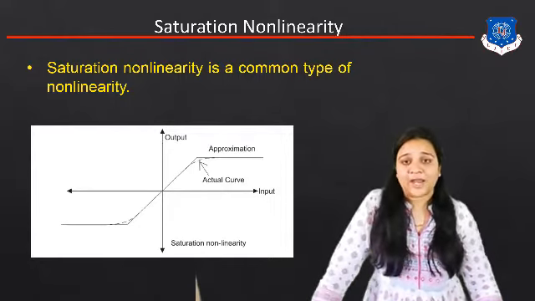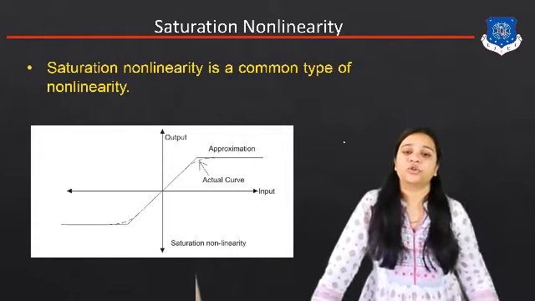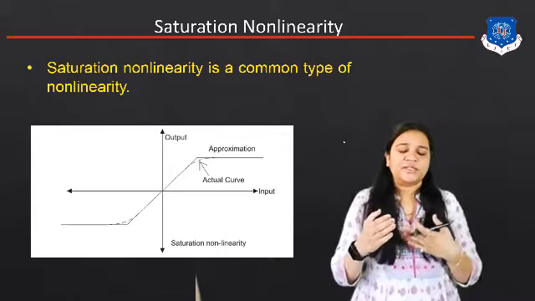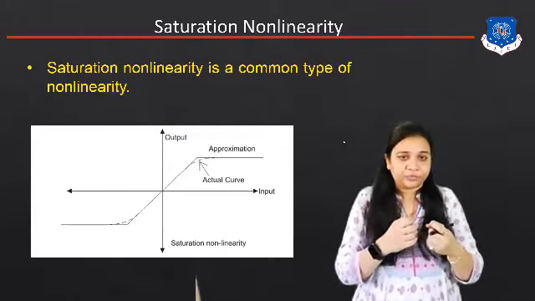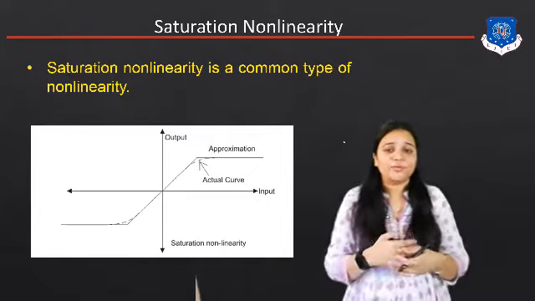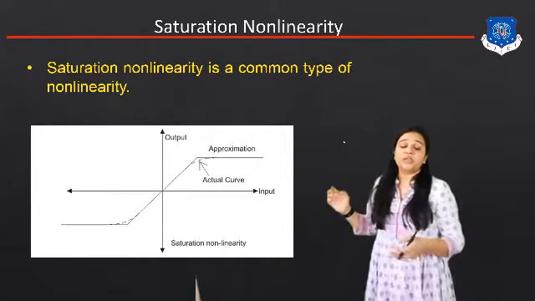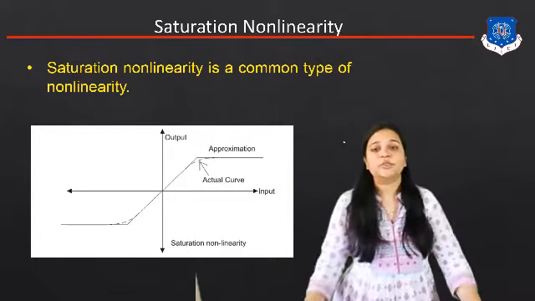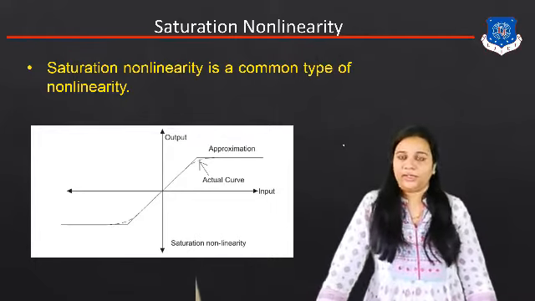This is the actual curve of this non-linearity, and we can get an approximate value. We can change some values depending on the different mechanical components used. If we get this type of graph, the non-linearity is known as saturation non-linearity.